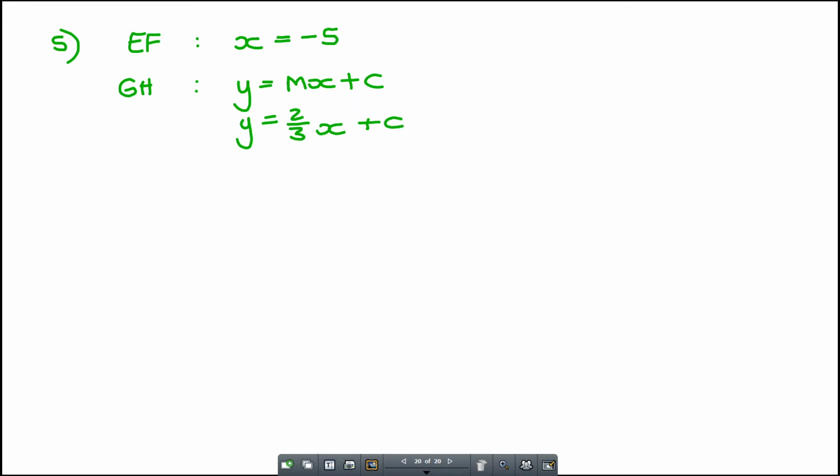En nou gaan jy sien, where does it cut through the y-axis? At 0. Nee, so eintlik is dit net, y is gelyk aan 2 over 3 x. You guys good with that? Any questions? Okay, nou soek ek vir KL.